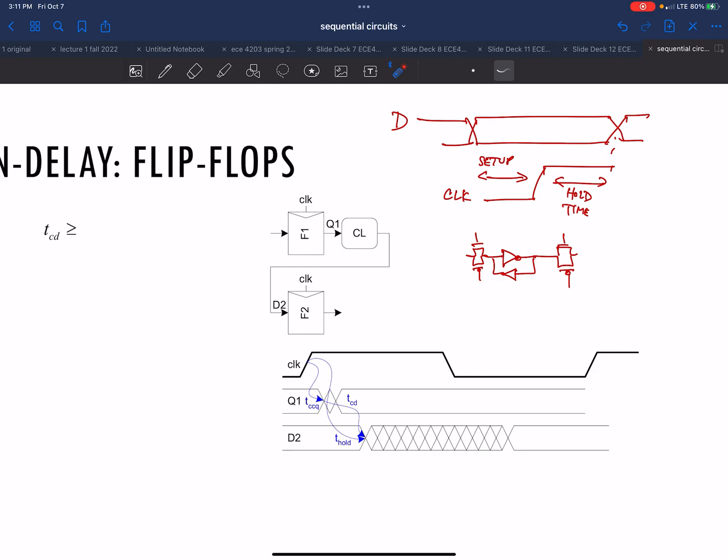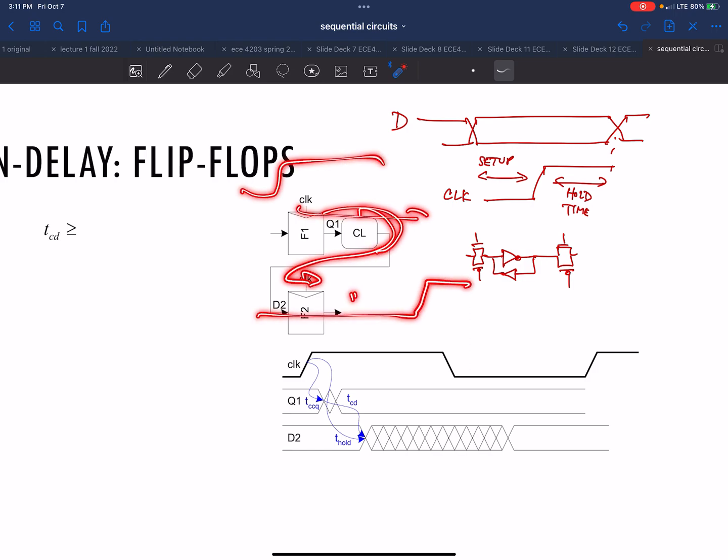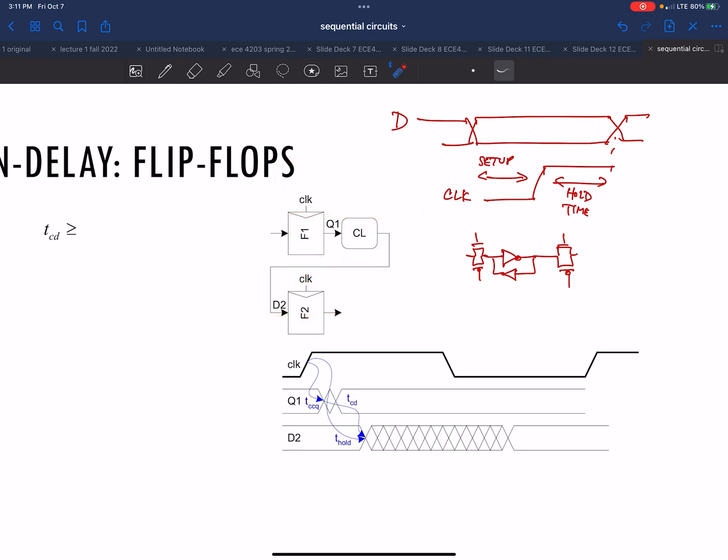So this guy gets a clock edge at the same time as this guy. But you'd like your data to work its way through for this guy's next clock edge. That's what you'd really like to happen, right? Because you want this sequence and you want the next sequence. If this delay is short enough, you'll end up throwing both in the same time sequence. Does that make sense?